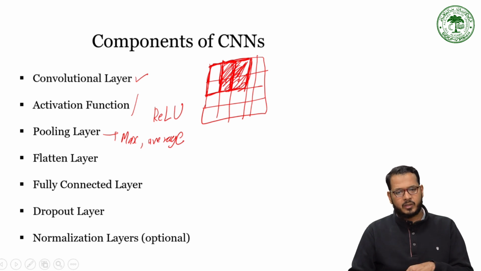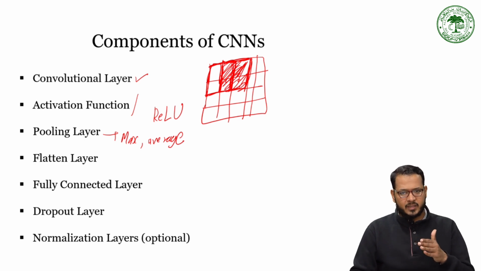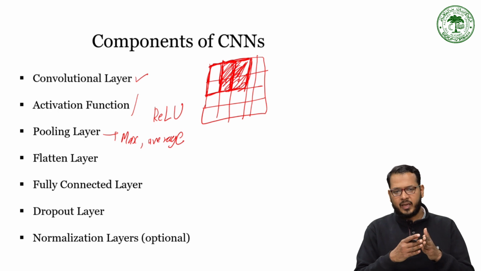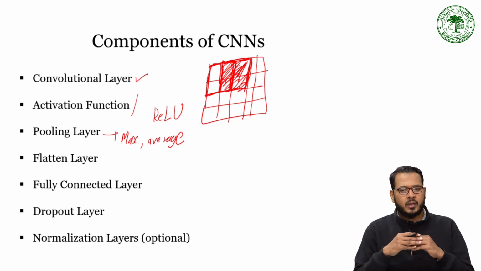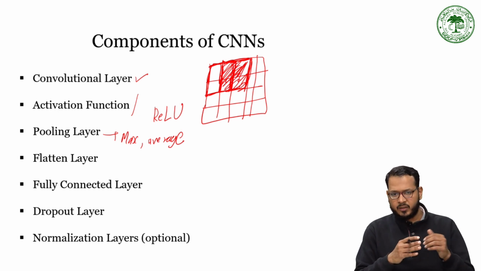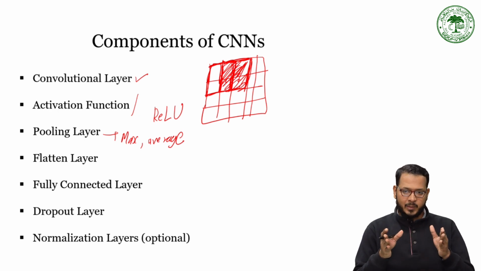After that, another important component is the flattening layer. This layer is used as a bridge between the convolutional and pooling layers and the other layers called fully connected or dense layers. What it does is it converts the multi-dimensional output of convolutional layers into a one-dimensional array. That's why the name flattening layer.